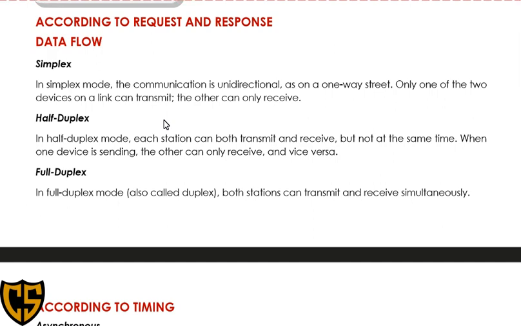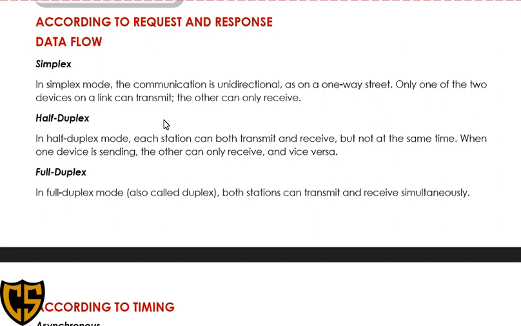Next, half duplex. In half duplex mode, each station can both transmit and receive, but not at the same time. When one device is sending, the other can only receive, and vice versa. Subod silingon, half duplex. So, kung kagina ang simplex is one way lang nga dalan, ang half duplex naman is two way na siya.